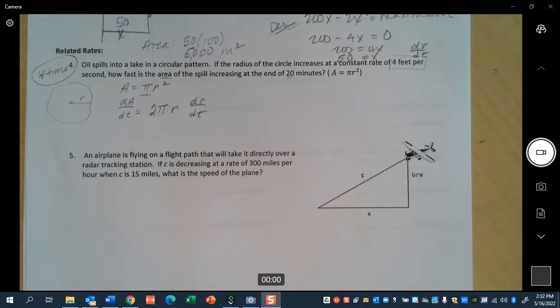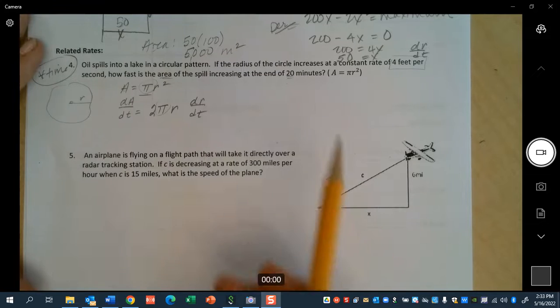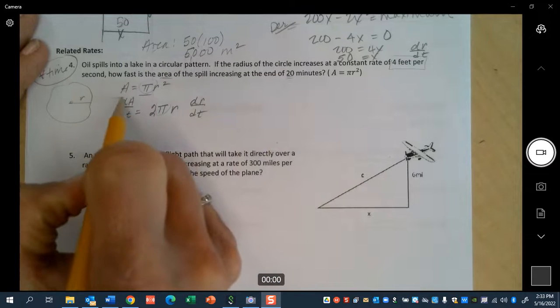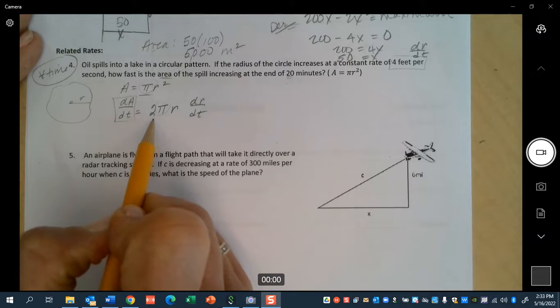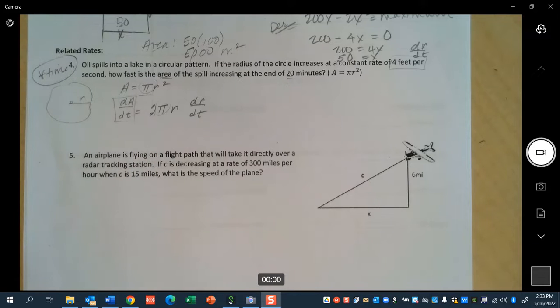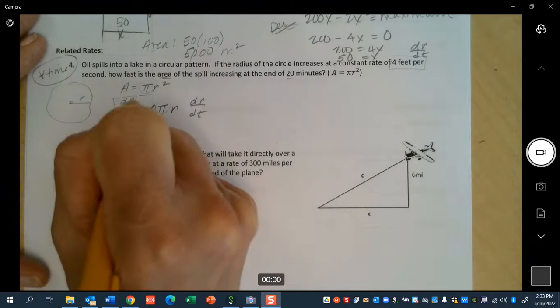No more calculus. All we have to do now is, oh, wait a minute, how fast is the area changing? This is what we're solving for. That area is changing. Now notice 2 pi r is the circumference. How cool is that, the derivative of the area is the circumference? I love that story. All right, let's plug in what we have.